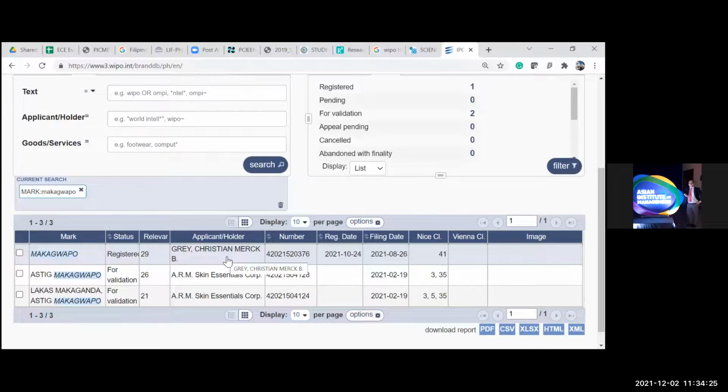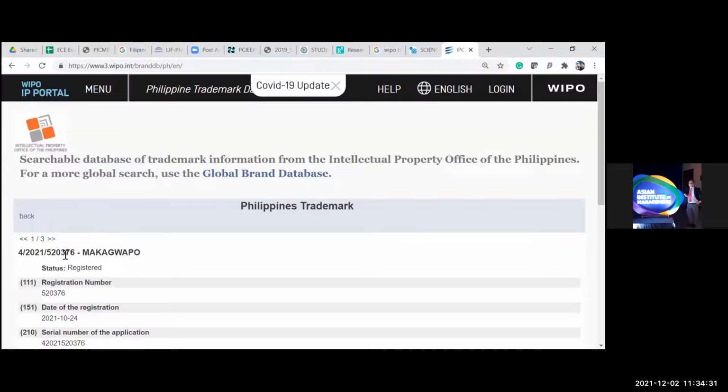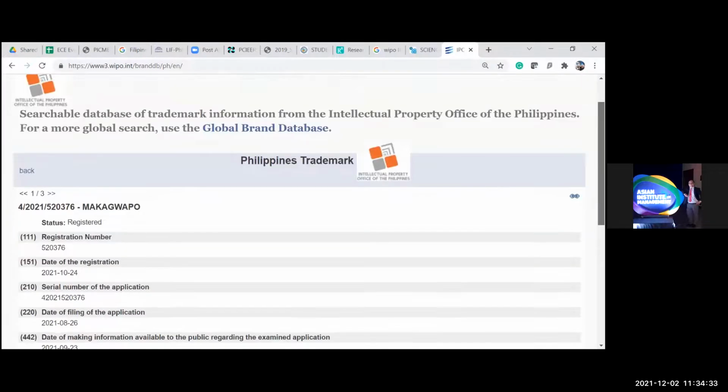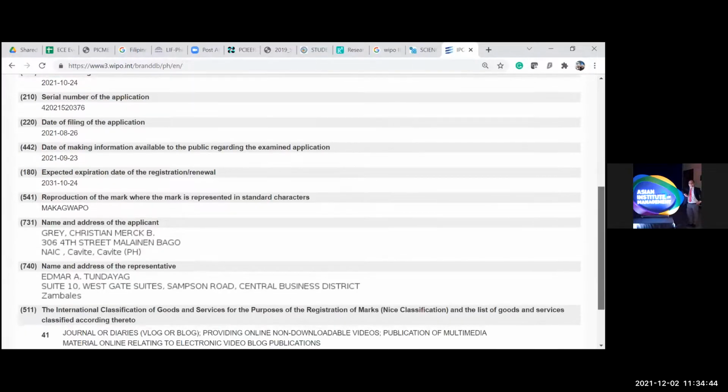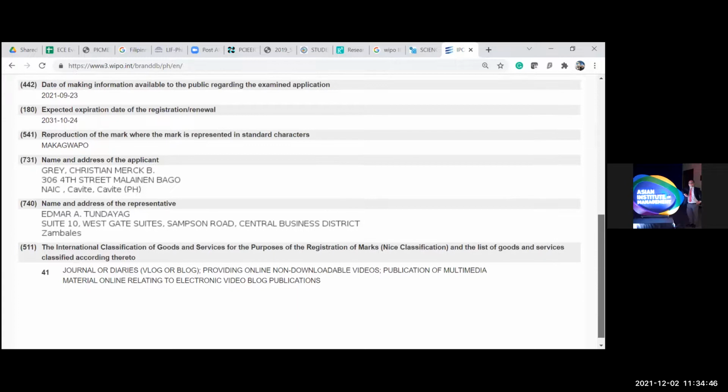He filed for this on 8/26/2021, so this is registered. I don't know the details of this. It says here, reproduction of the mark where the mark is represented in standard characters: Makagwapo. And the name and address of the applicant is in Imus, Cavite.